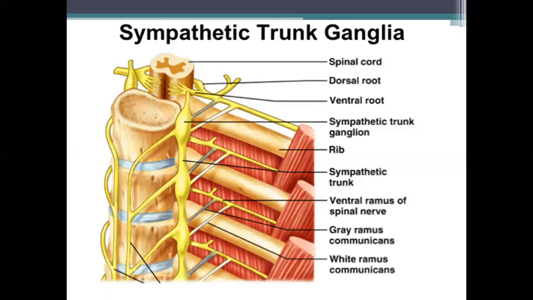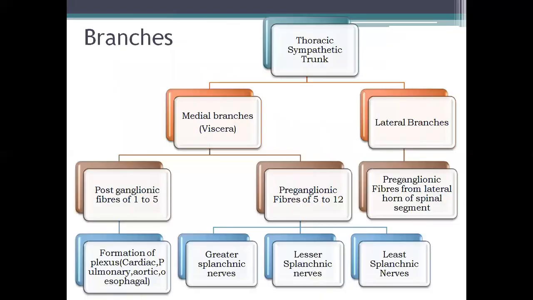The next thing we're going to see is the branches. It's very simple. The thoracic sympathetic trunk has medial branches and lateral branches. The medial branch supplies the visceral organs. We'll divide the medial branch into fibers from ganglia 1 to 5 and from 5 to 12.